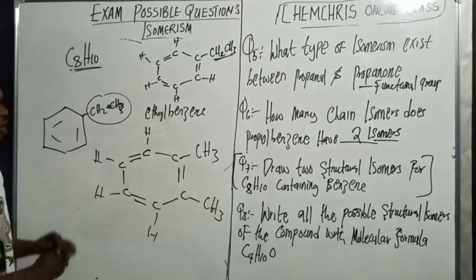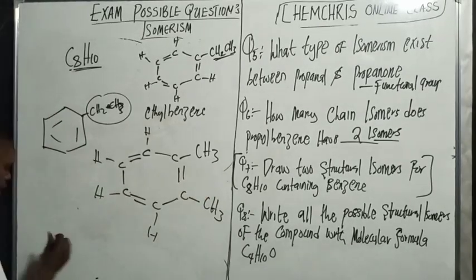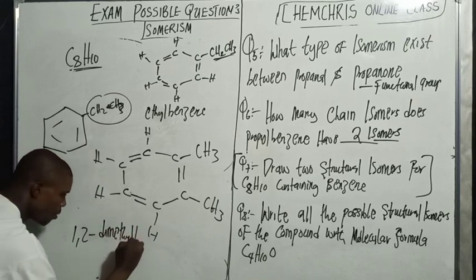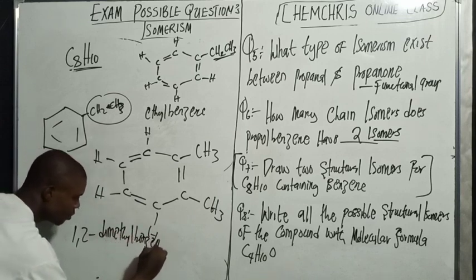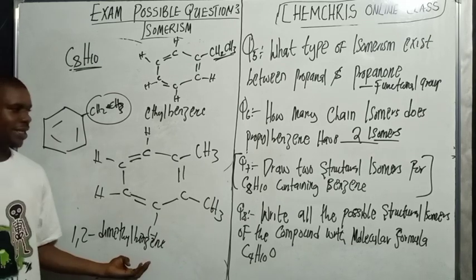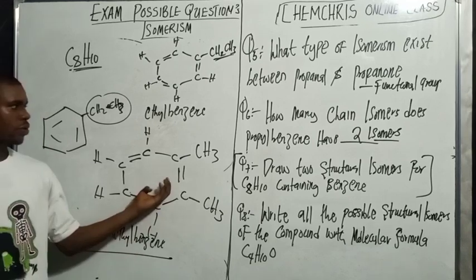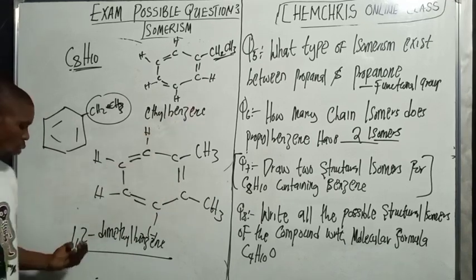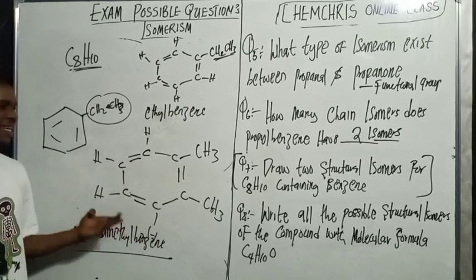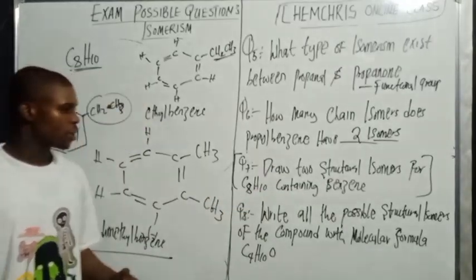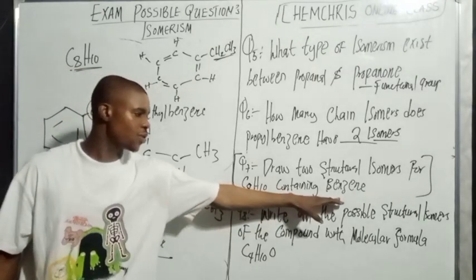Understand? So here we have 1, 2 dimethyl benzene. That is the name of this one here. So ethyl benzene and 1, 2 dimethyl benzene are called chain isomers.